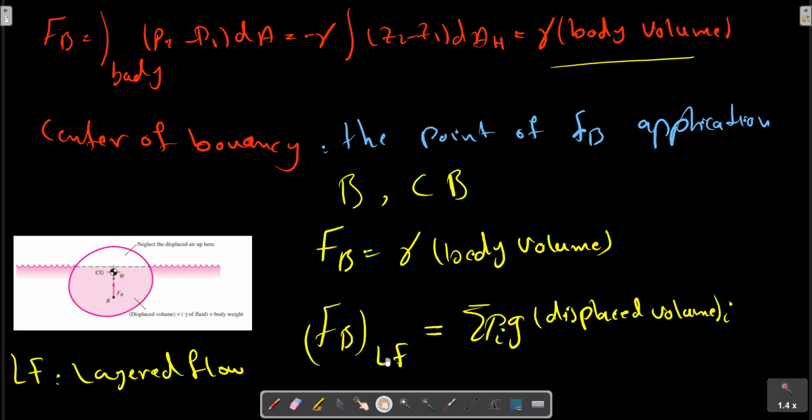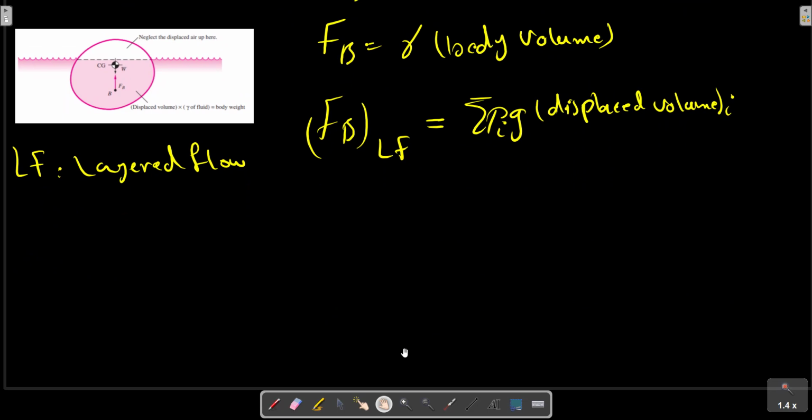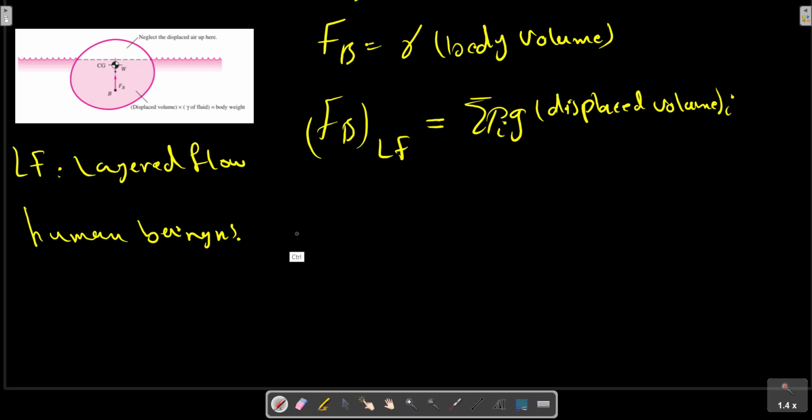For example, human beings have an average specific weight of about 60 pound force per cubic foot.